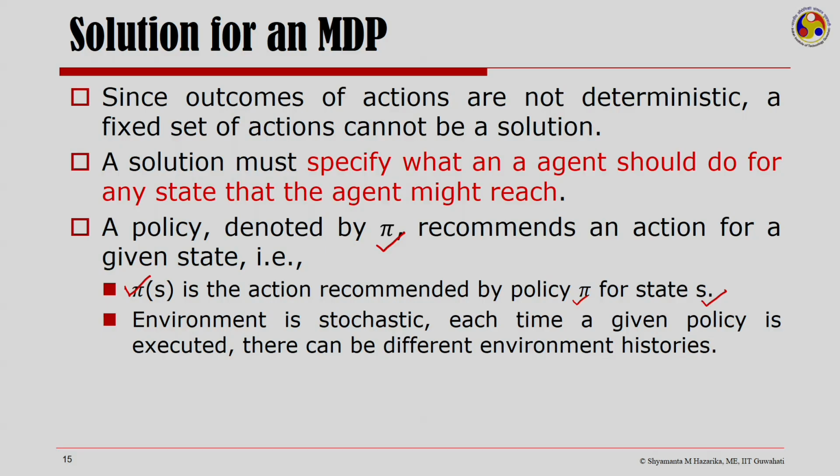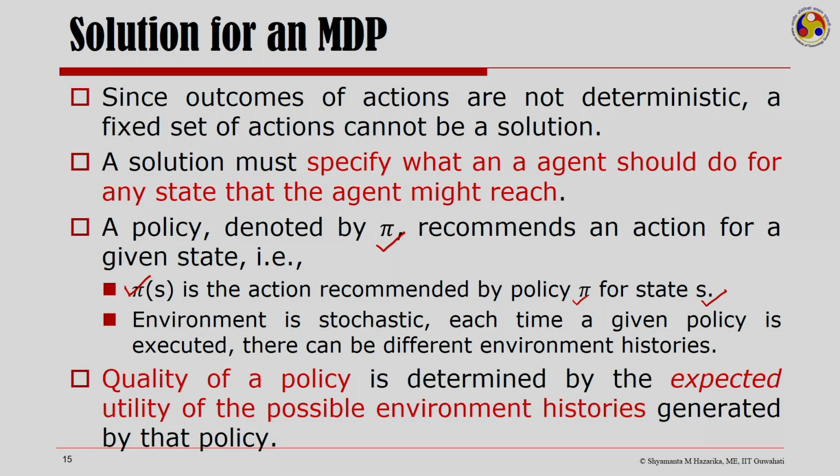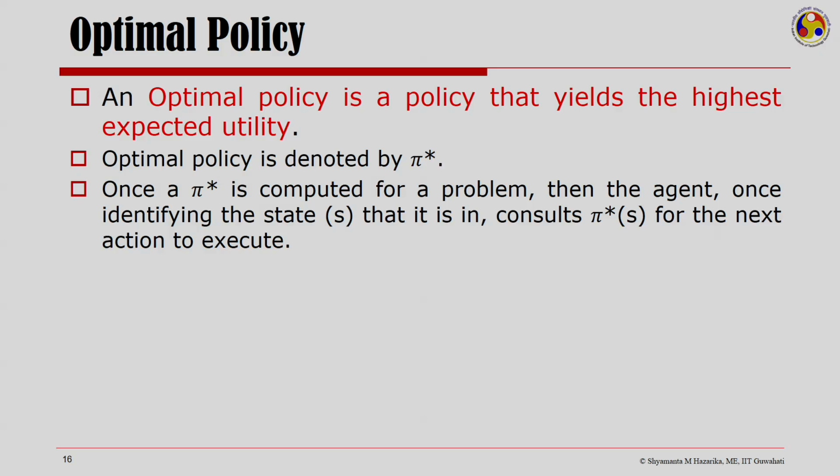Now, one needs to remember that the environment is stochastic. So, each time I have a given policy that is executed, there can be different environment histories. And the quality of a policy that I need to actually evaluate is determined by the expected utility of the possible environment histories that are generated by that policy. And finally, I have what is called an optimal policy, that is a policy that would yield the highest expected utility.